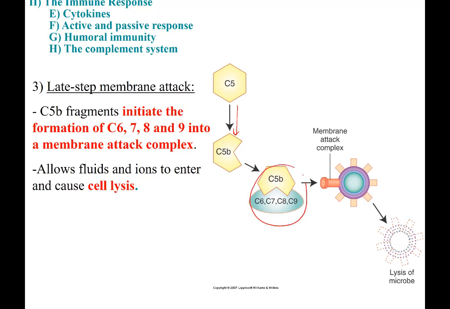C5b is going to combine with other proteins, C6 to C9. You don't need to remember the numbers, but by doing this, it is going to form what we call the membrane attack complex. The membrane attack complex is making holes, is going to attack the virus and really destroy the microbe at the end. There is a lysis of the microbe because of that.